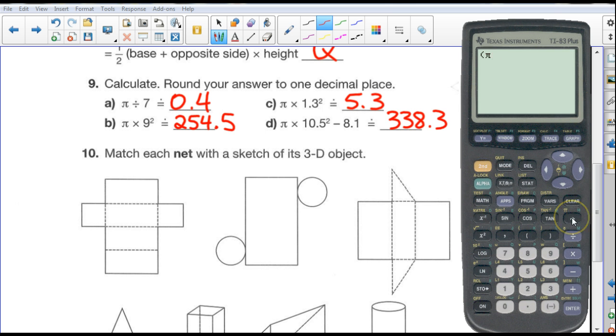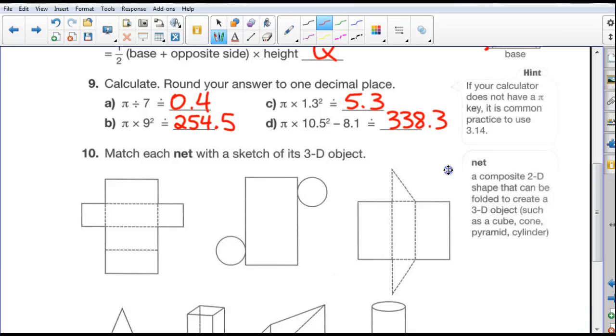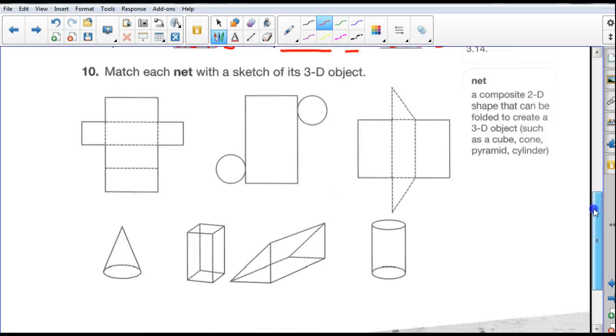Second function pi times 10.5 squared, close the bracket, and then let's minus 8.1, and we get 338.3. So that's kind of how it did it. It did the multiplication first, and then it did the subtraction later. Okay, so 338.3 is our correct answer because it's going to follow BEDMAS, brackets, exponents, division, multiplication, subtraction. So it did this first, and then it subtracted 8.1. Okay, so your calculator is set to do order of operations.